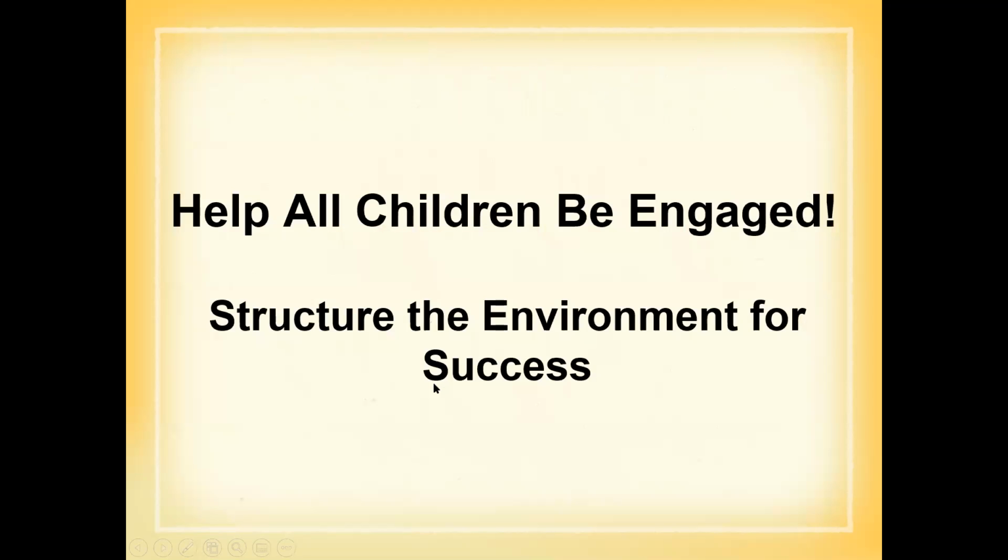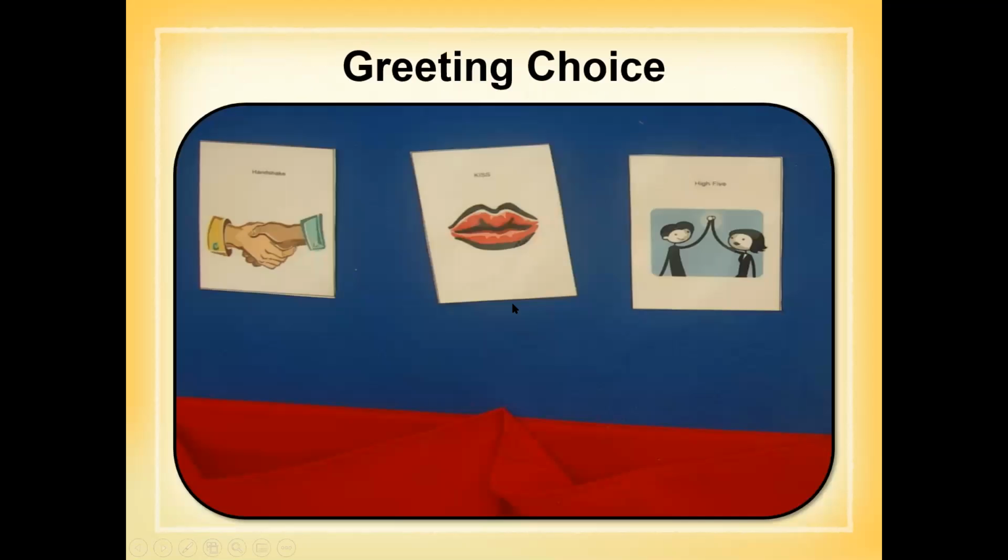So next we got to talk about helping all children be engaged. If we've got the right space, we've got the right materials, and as Angie pointed out so brilliantly, we're rotating those materials regularly to keep kids interested and engaged. How do we structure the environment for success? I love this idea of a greeting choice, whether it's a high five. We don't usually do kisses, but a handshake, high five, or a hug I've seen.